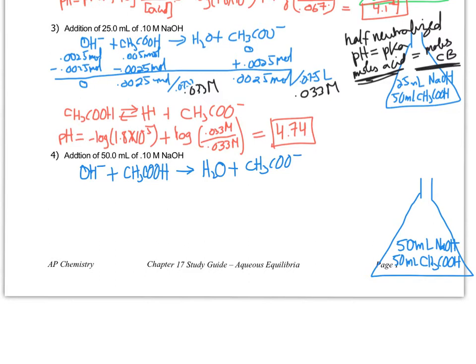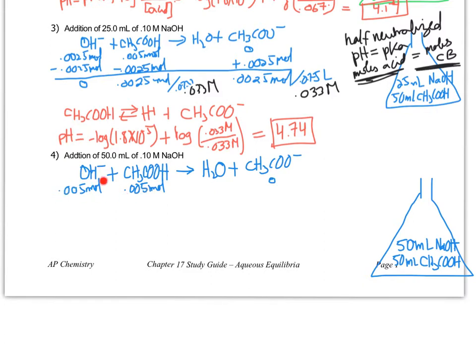I have 50 mils of 0.1 molar NaOH, so that's 0.005 moles. The acetic acid, I also have 50 mils of 0.1 molar, so 0.005 moles. Don't have any water or acetate.